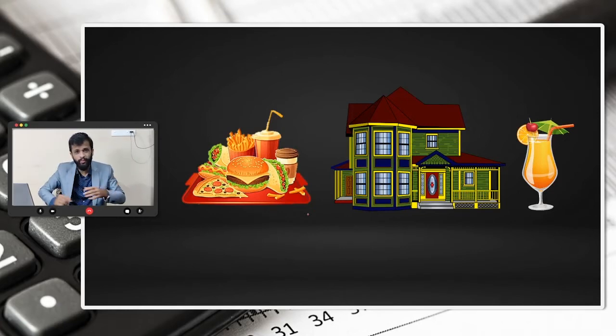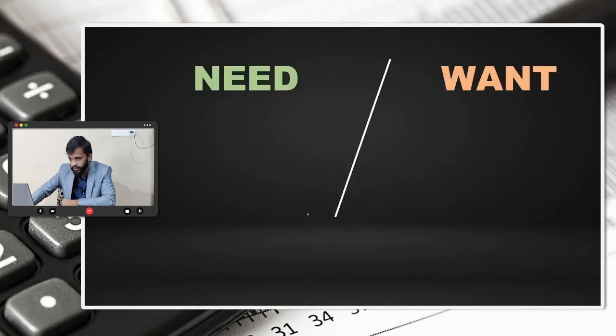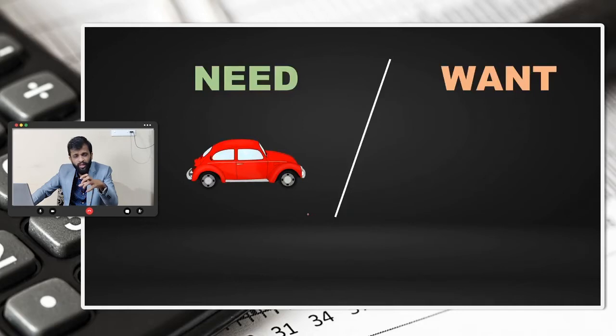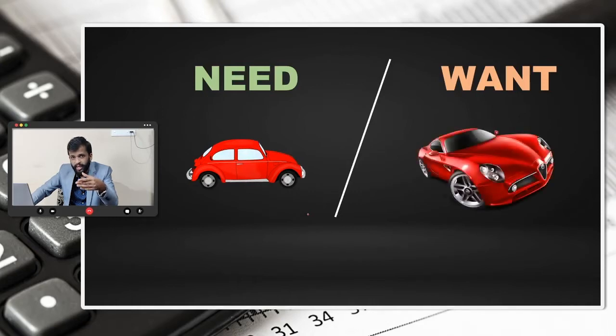Let us still look at some more examples. So maybe as a small child, a small toy car would be good enough for you. But when you go into a toy shop, you look at this car and you say, "Mama, I want it. I want that car."